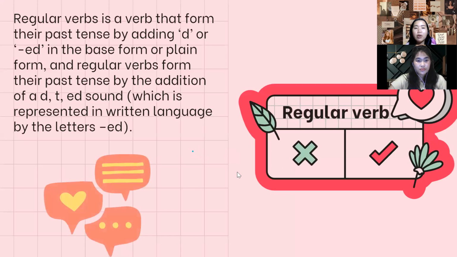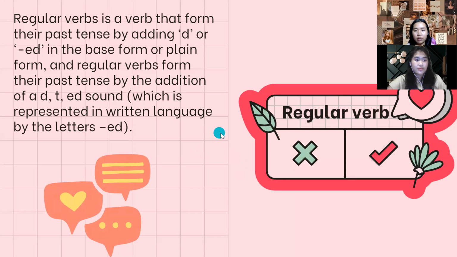And now I'm going to explain about regular verbs. A regular verb is a verb that forms the past tense by adding d or ed. In the base form or plain form, a regular verb forms the past tense by the addition of a d or t or ed sound, which is represented in the written language by the letters ed.